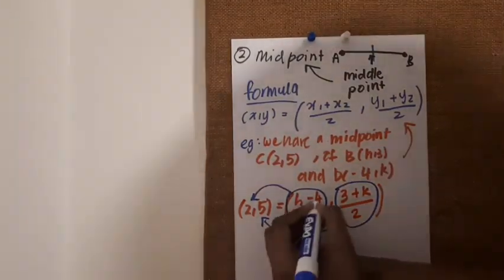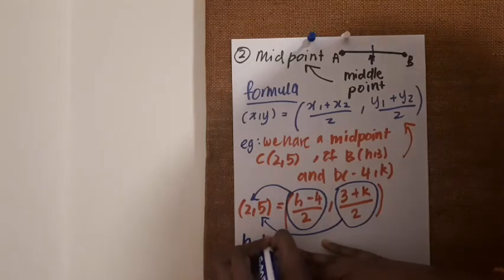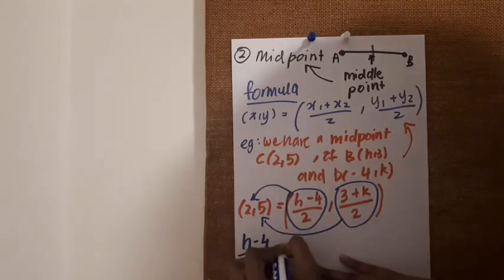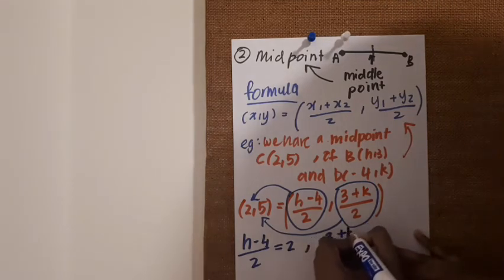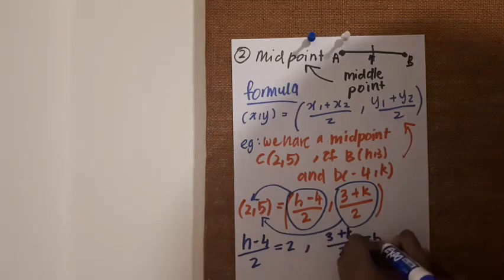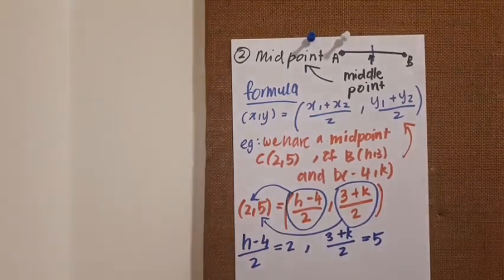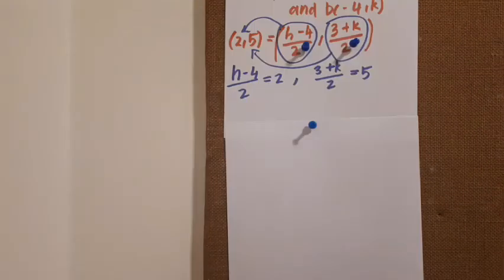So always equate these. h minus 4 over 2 equals 2, and 3 plus k over 2 equals 5. And then we can solve as usual.